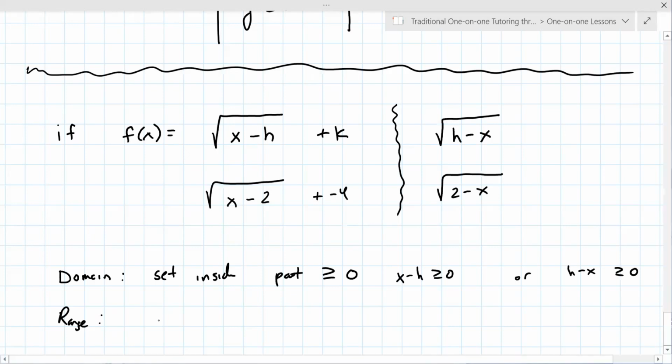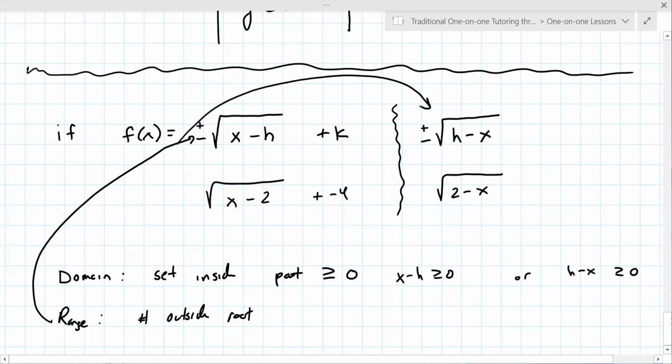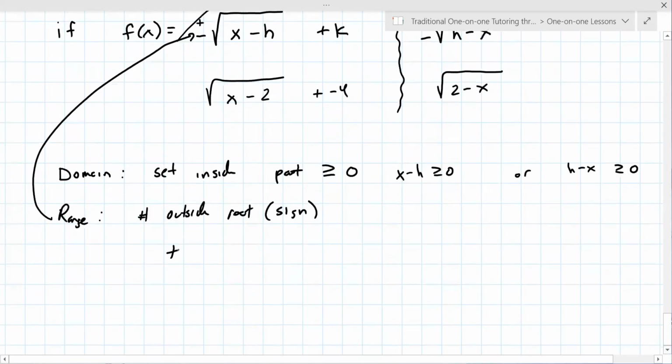The range depends on whether the number outside the root, meaning it's really what's here, whether this is plus or minus. I guess maybe it's the sign there. So if it's positive, the range is always y greater than or equal to k.